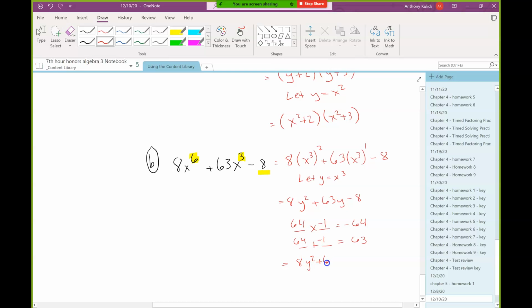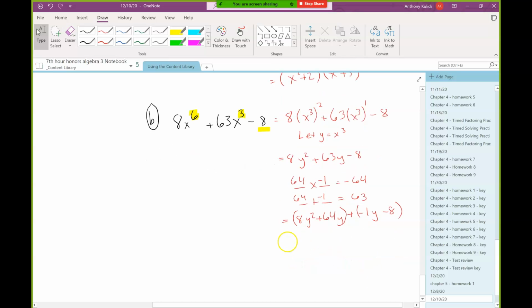So I can rewrite that as that. And I can take a greatest common factor of 8y from the first group and a greatest common factor of negative 1 from the second group. Both groups have a y plus 8 in common.